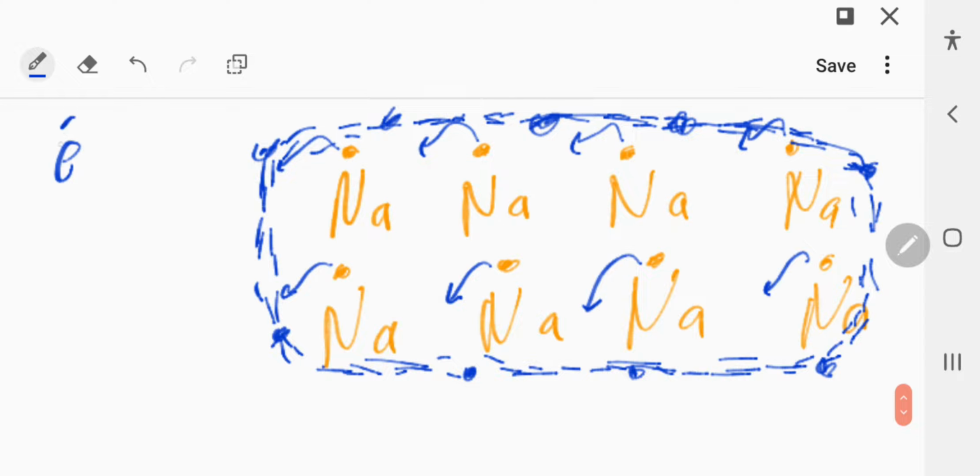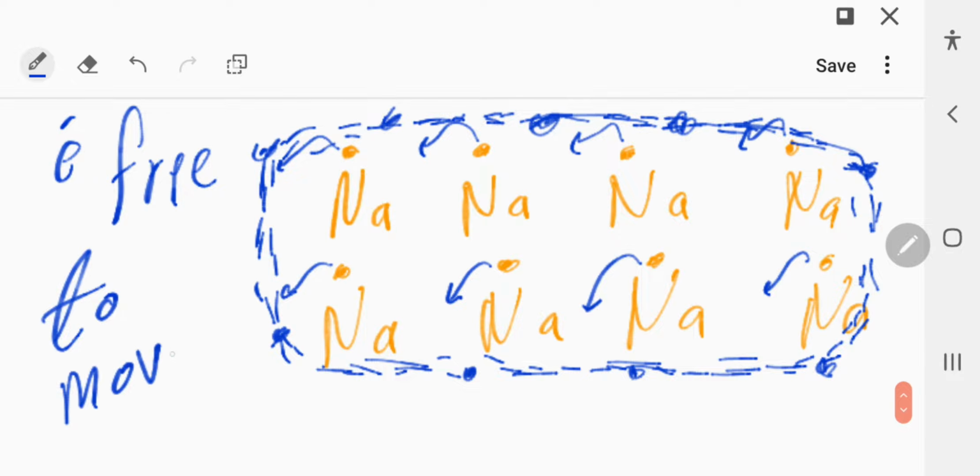So electrons are free to move. This is why we call it a sea of electrons.